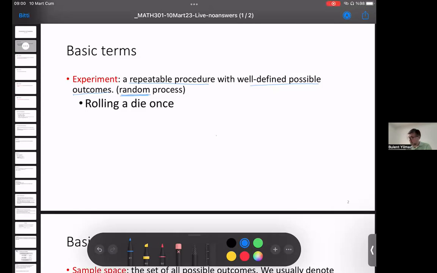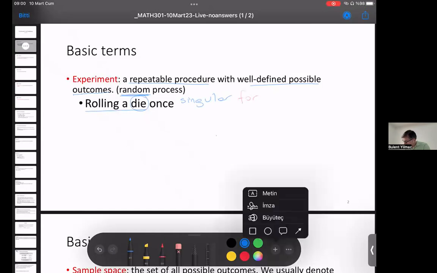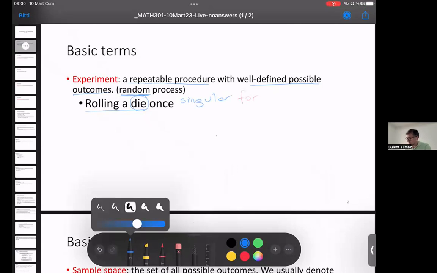For example, when you roll a die, die is the singular form of dice.